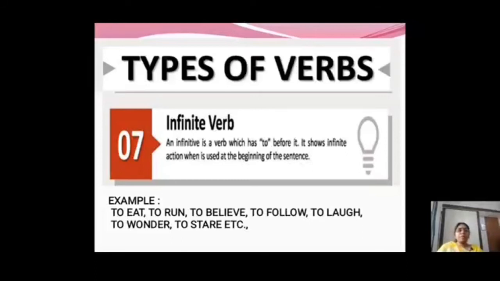To believe. To follow. To laugh. To wonder. To stare. So, any example you can take, infinite verb will have to before it. Clear? To run, that means infinite verb, right?